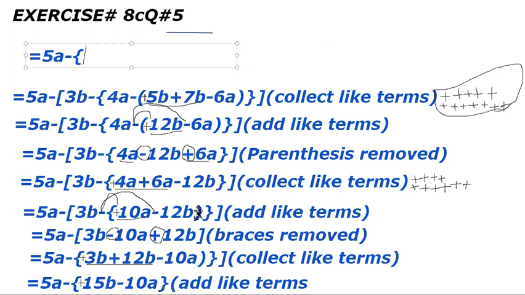In this step we have to remove the braces. So when we will remove the braces, then positive 15b will become negative 15b, and negative 10a will become positive 10a. You can see the negative sign is outside the braces.